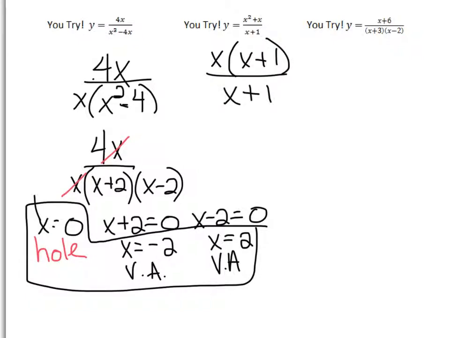To find your holes and asymptotes, remember you only focus on the denominator. So we go x plus 1 equals 0, which means x equals negative 1. To label that a hole or an asymptote, we go back and we look to see if it would cancel. Well, there is an x plus 1 on top, which means this would cancel with this, and anytime it cancels, we have a hole.